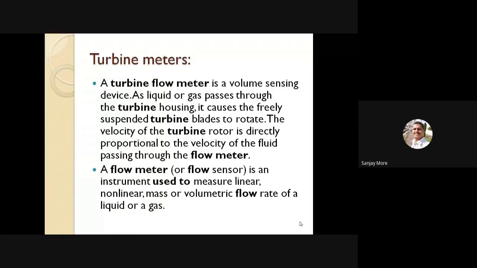So give the heading turbine meters and write down two sentences in that.